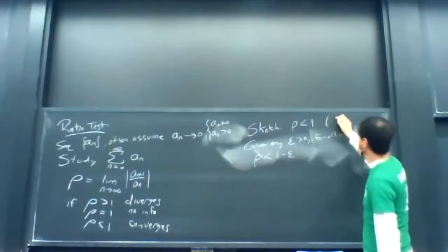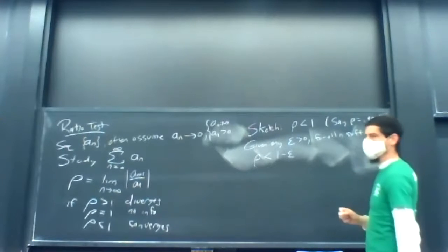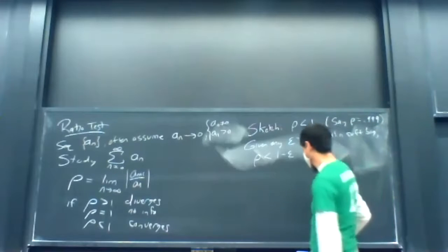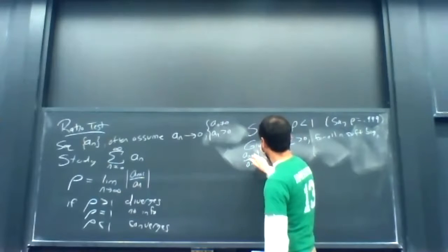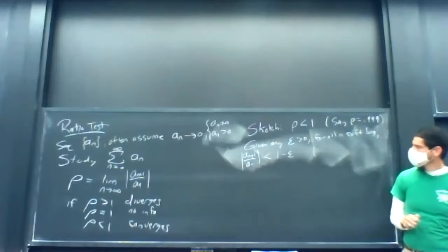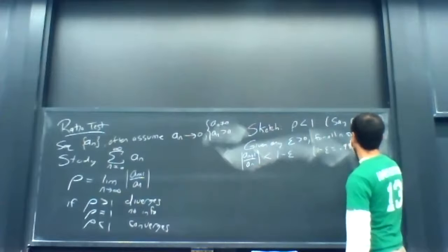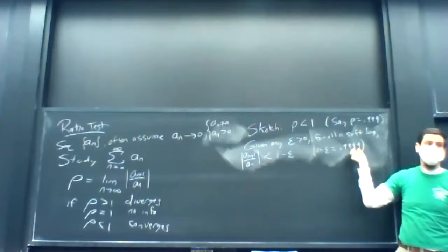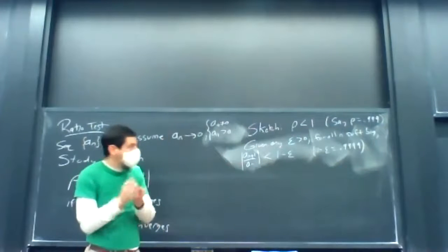So if you want, say rho equals 0.999, then this is saying that eventually a_{n+1} over a_n will be less than 1 minus epsilon. So maybe 1 minus epsilon is 0.9999. Because if it's converging to 0.999, then eventually it's got to be less than 0.9999. Does that make sense? Because this limit eventually converges to rho, it's got to get really close to rho.